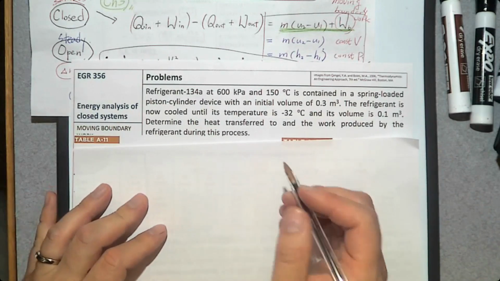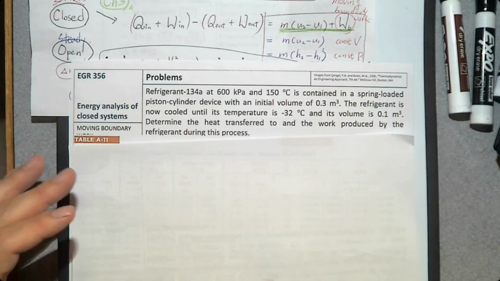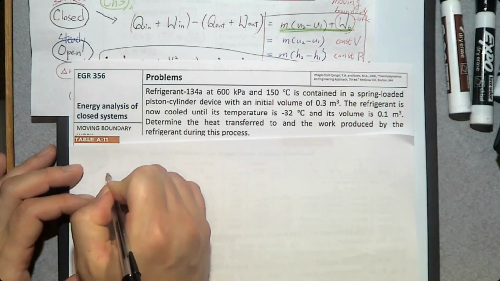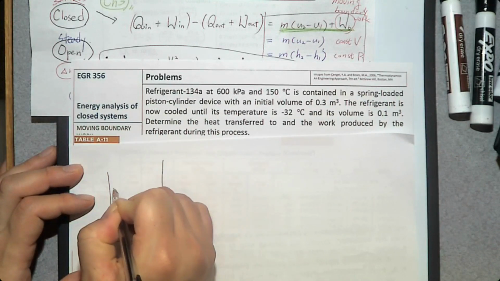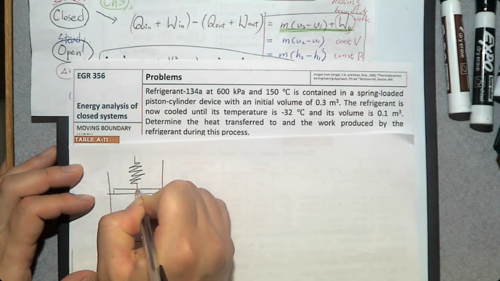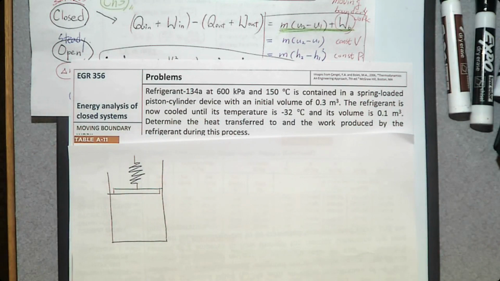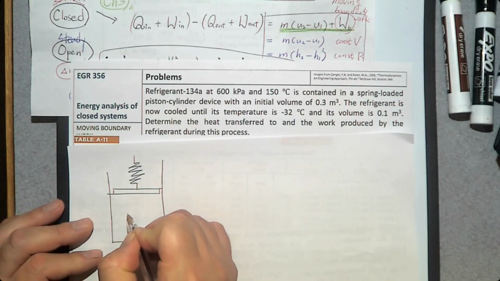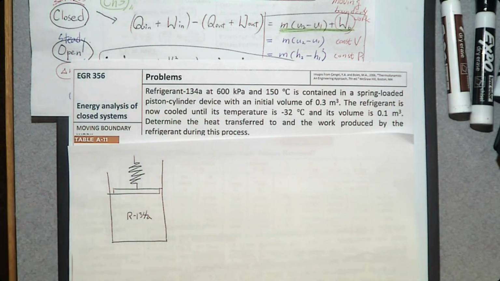So in a spring-loaded piston cylinder device, spring-loaded piston cylinder device means we have this cylinder, we have this piston, and there's a spring. And there's R134A, a gas inside.